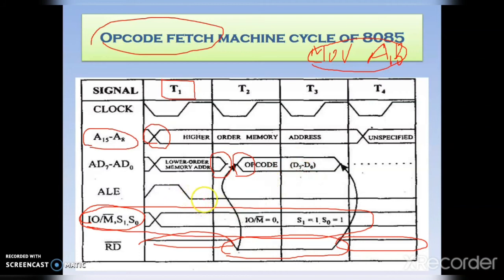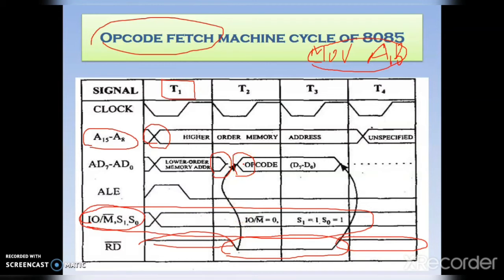Here the address latch enable also disables during the T2 state, and the status signal is active during all the states. And in this T2 state, the RD signal is enabled, because the RD signal is active low. So, the RD signal is enabled to transfer the data, that is the opcode, D7 to D0.